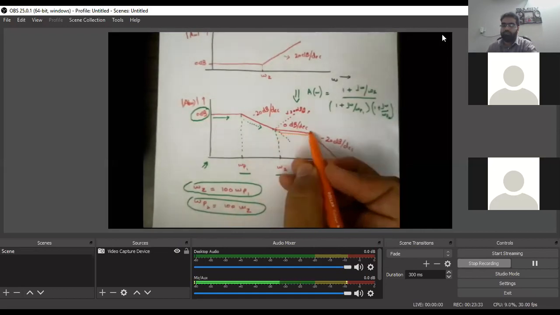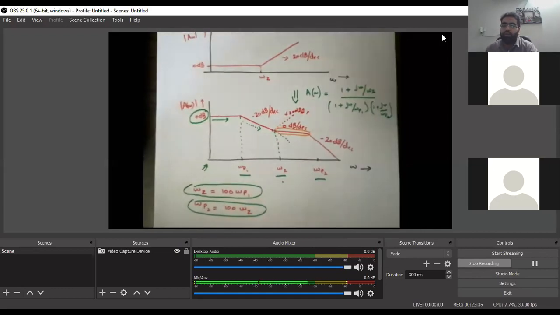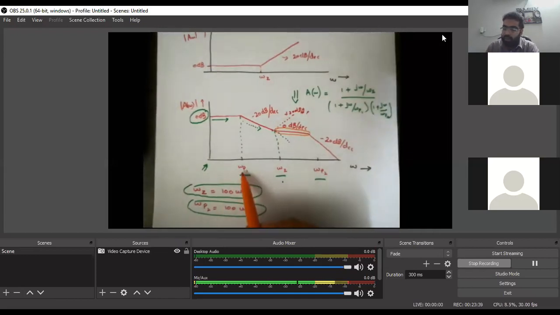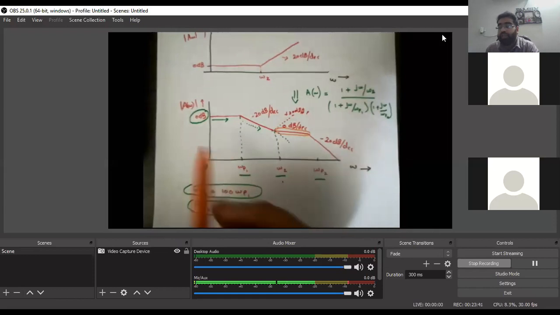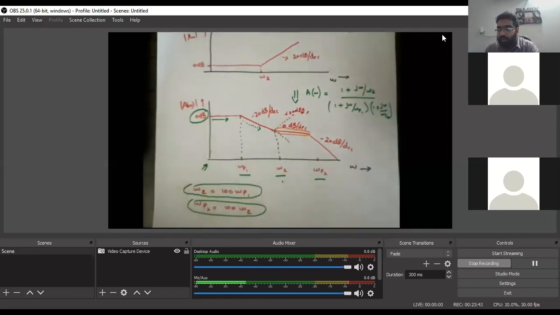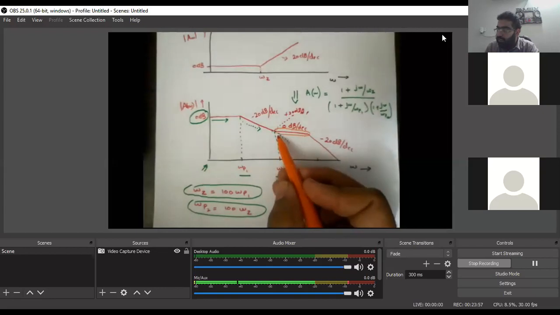Okay? So that is very important. We have one pole which started at omega p1 with a negative slope of minus 20 dB per decade. At omega z, the minus 20 dB per decade meets the positive 20 dB per decade, and it cancels out, and we have again a straight line of 0 dB per decade slope.